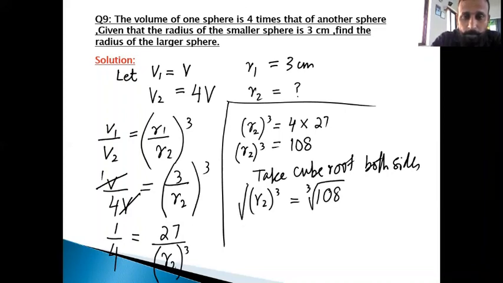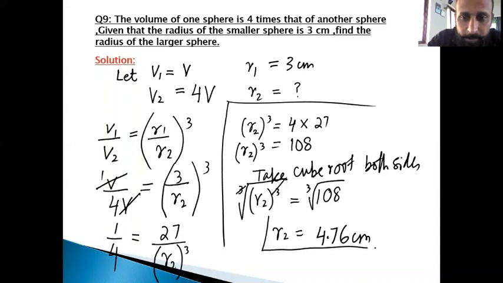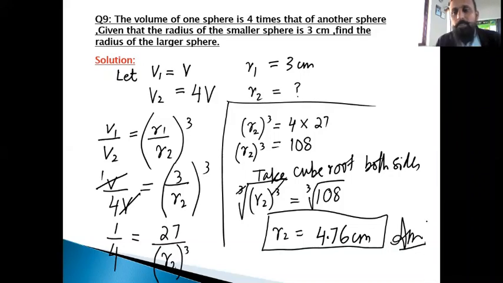Cube and cube root, they cancel out each other. Our calculator will give us our answer. If I do that, the cube root of 108 is 4.76 centimeters. All right, dear students, I hope this concept is clear to you and you have learned this.